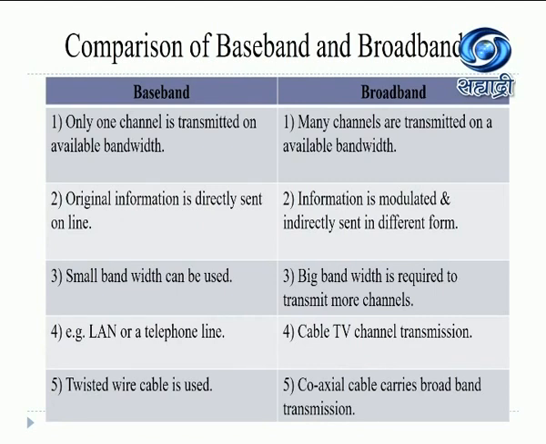In baseband, the examples can be LAN or a telephone line, and for broadband, cable TV channel transmission is the best example. Twisted wire cable is used in case of baseband and coaxial cable carries broadband transmissions. So these are the 5 important points you need to distinguish between baseband and broadband respectively.